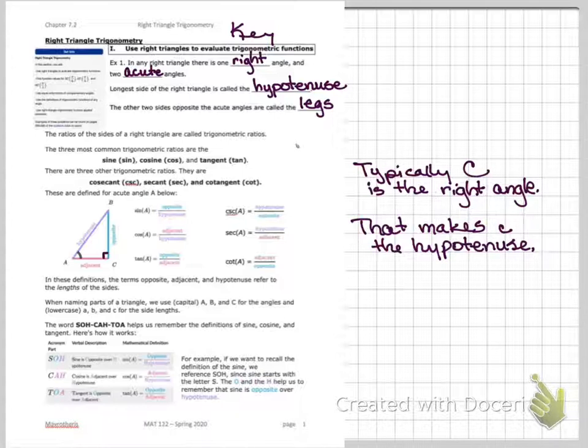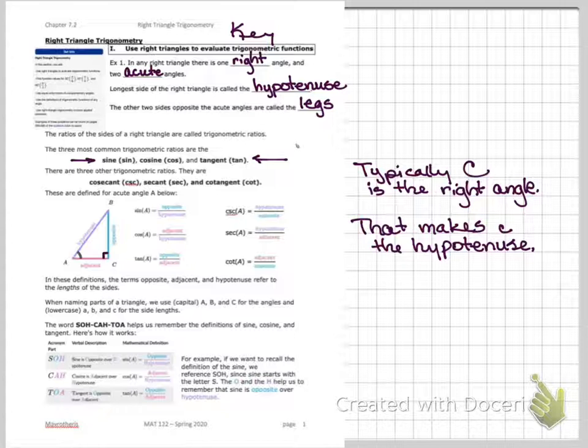The other 3 are just the reciprocals. We flip numerator and denominator. So the 3 most common trig ratios are the sine, cosine, and tangent. Sine we abbreviate SIN, cosine we abbreviate COS, tangent we abbreviate TAN.